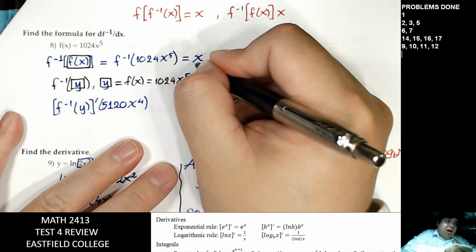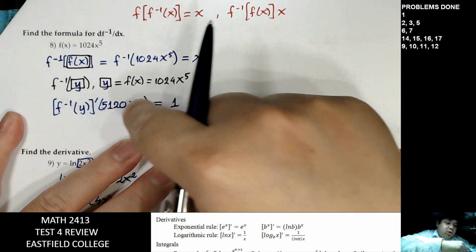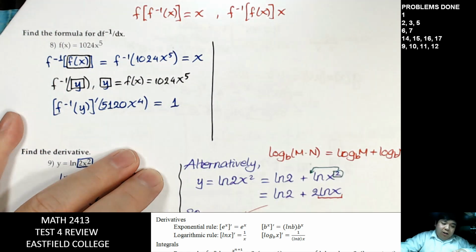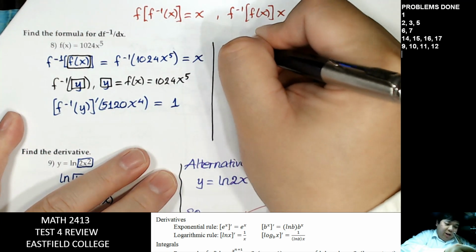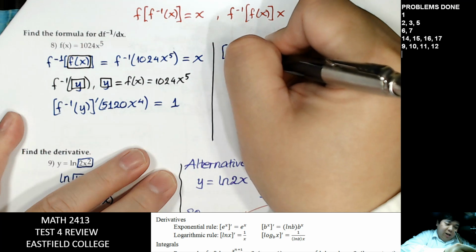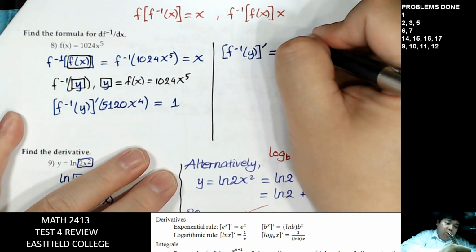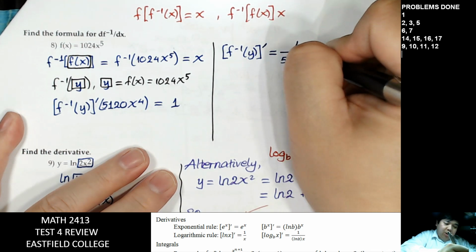The derivative of x on this side is going to be 1. So we divide both sides, and we have the derivative of the inverse of y is equal to 1 over 5120 x to the 4th.